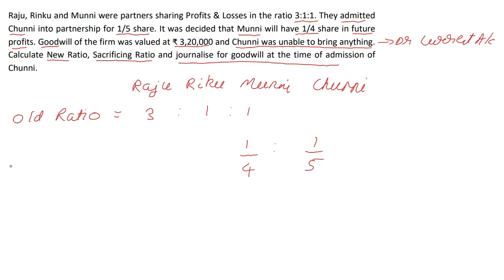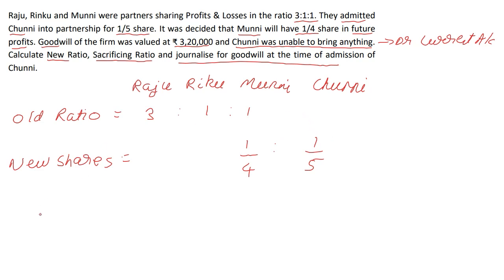Now, as far as the remaining partners are concerned, this is not the ratio yet because we're just looking at shares. The new shares of two of them we don't know, and we know the remaining 1/4 and 1/5. So if I want to know how much goes to these two people, I need to find out the total of this.